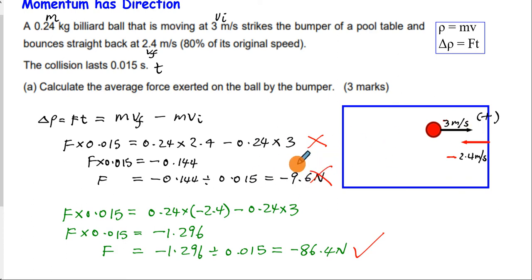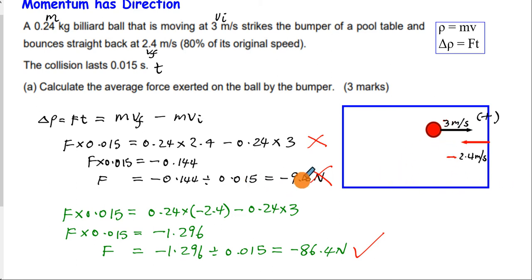You only calculated the force needed to slow this 3 meter per second ball down from 3 meters per second to keep going forward at a slower rate of 2.4 meters per second. If it's slowing the ball down, you still need a negative force going the opposite direction of the ball.